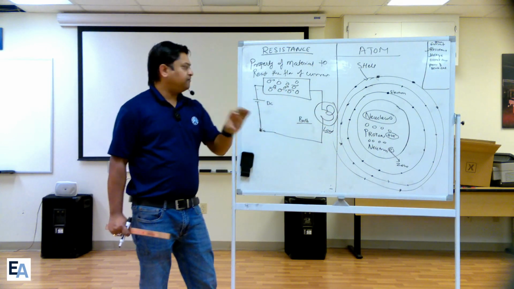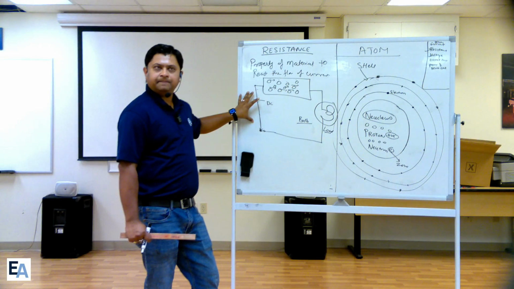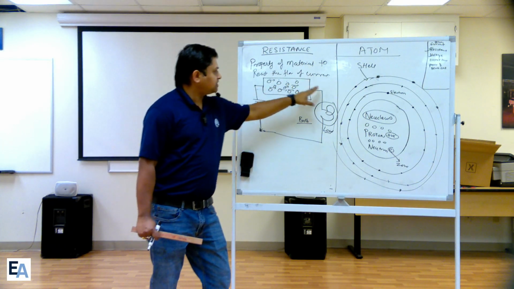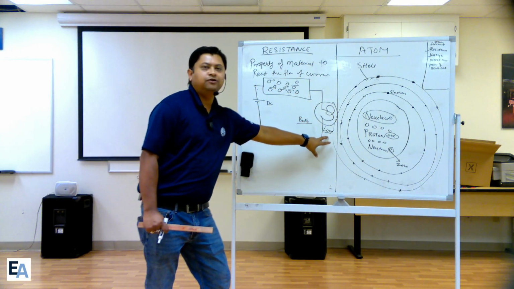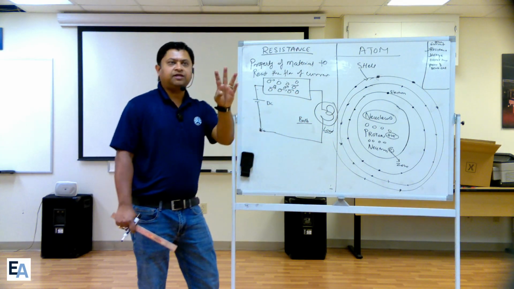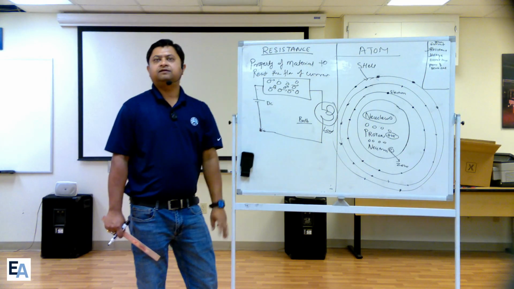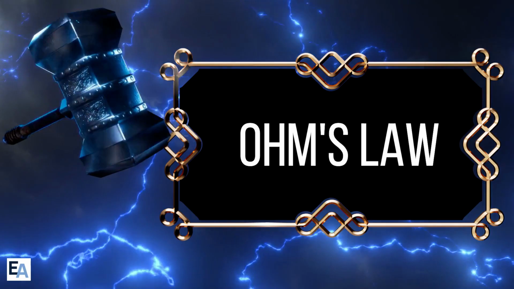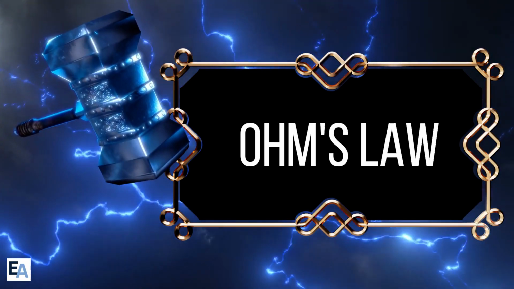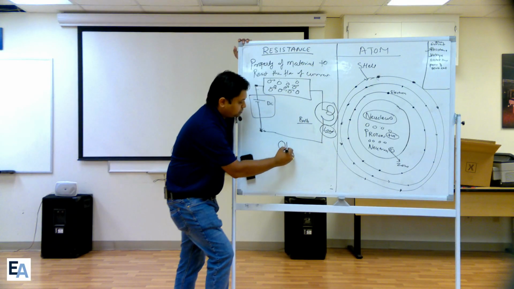So we should have a source of electricity, which is a voltage, something which can carry the electricity, which is wires, and a load which we are going to utilize. These are the three things a basic electrical circuit needs. Now there is something called Ohm's law.